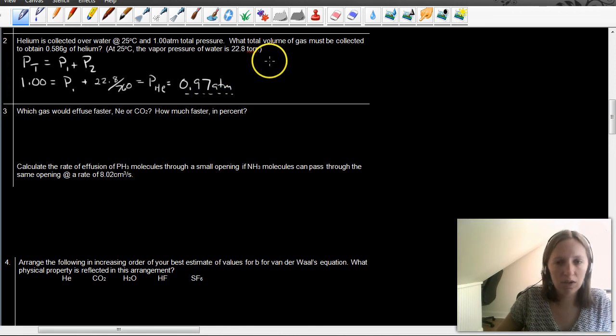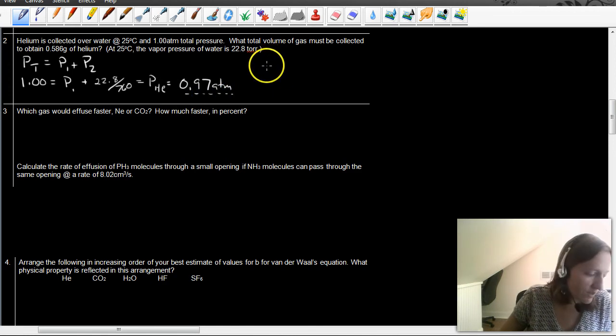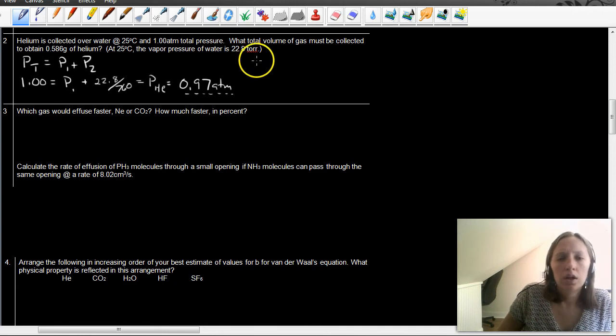What total volume of gas must be collected to obtain 0.586 grams of helium? That's going to be PV equals nRT. Pressure, we know, yay, 0.97. Volume, we are looking for.